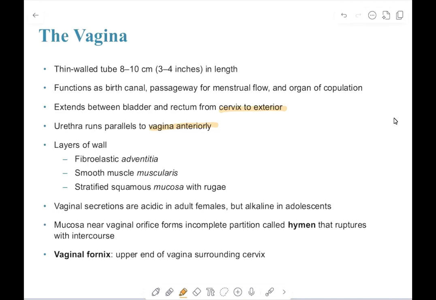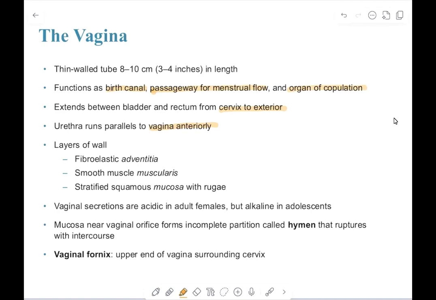So it plays several different roles. It functions as a birth canal if it's not a C-section. So the cesarean section would be the opposite of that. But if it's a natural birth, the vagina does play a role. It's also the passageway for menstrual flow and the organ of copulation.